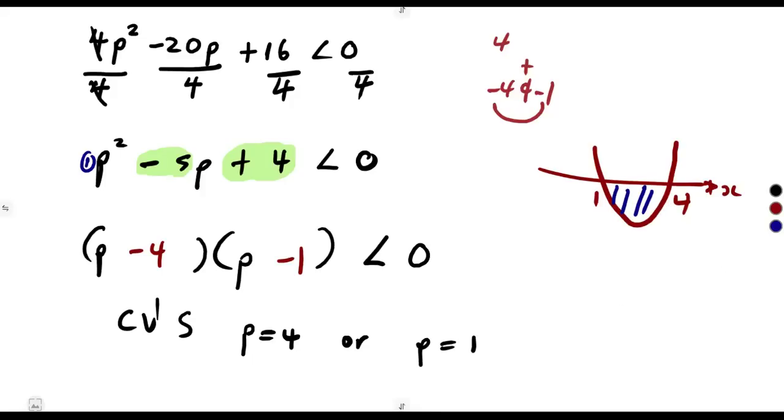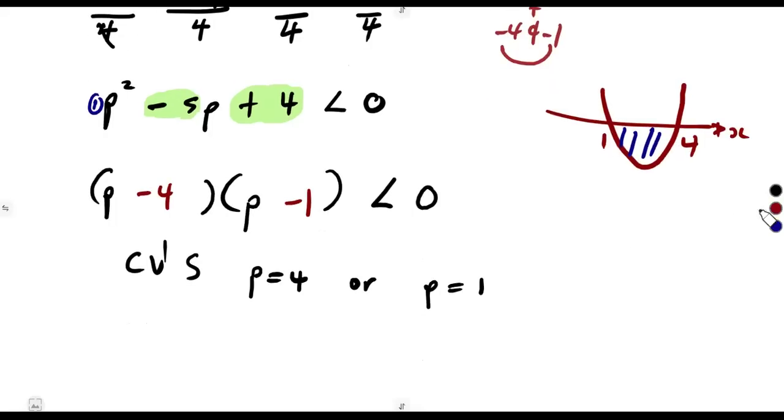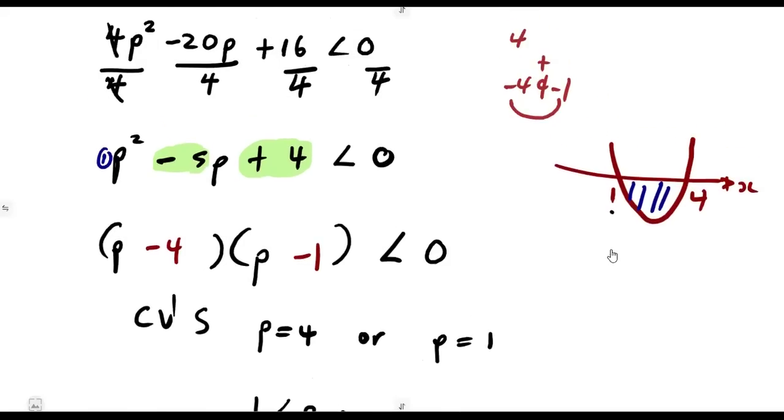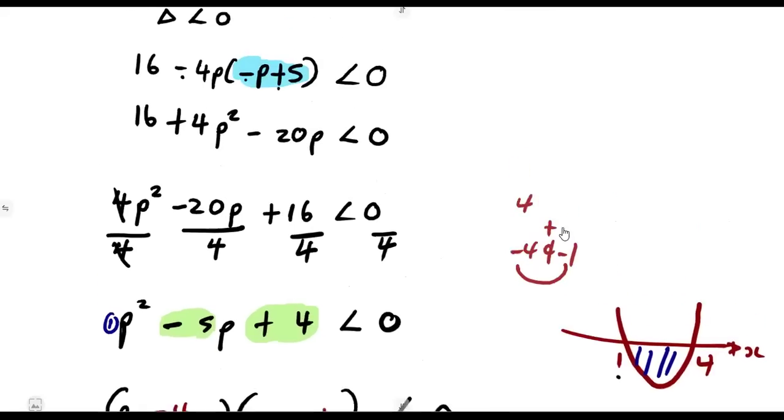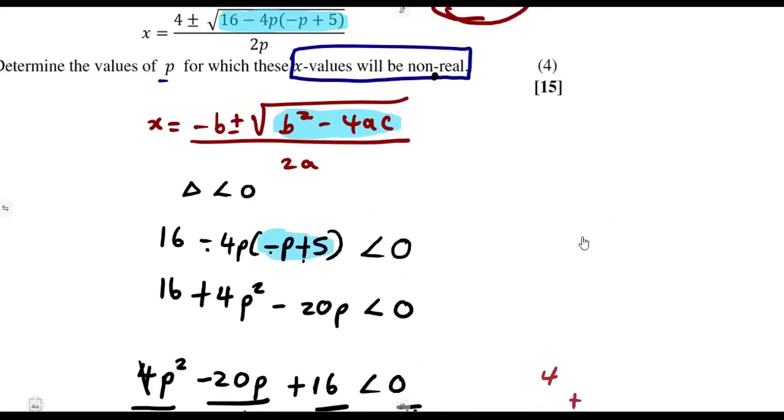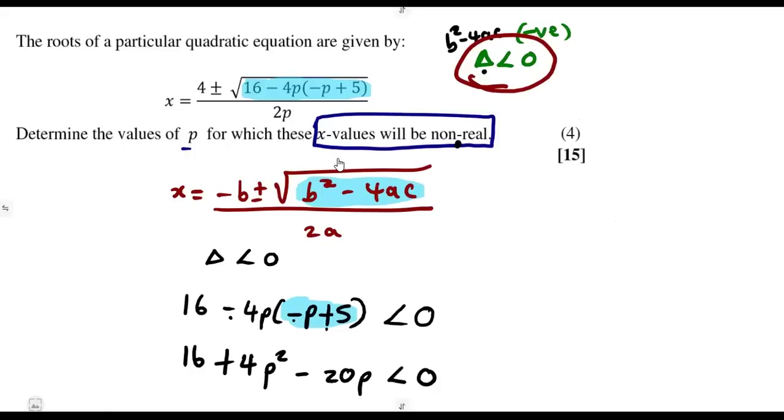Right? Remember, guys, this part. So p is greater than 1, but less than 4. Just like that. So these are the values of p within the interval that we are given. These are the values for which x will be non-real.